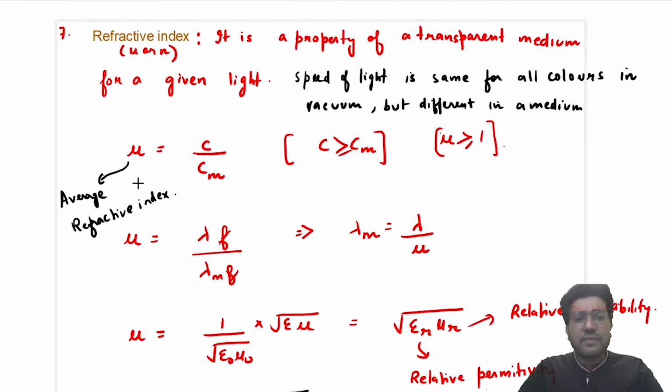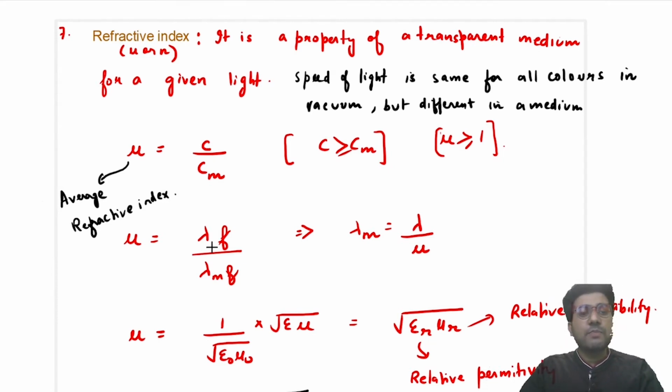So the average refractive index mu is defined as the speed of light in vacuum divided by the speed of light in the medium. This is the refractive index of the medium. Because C is always greater than Cm, mu is always greater than or equal to 1. So for any medium, mu will be greater than 1.